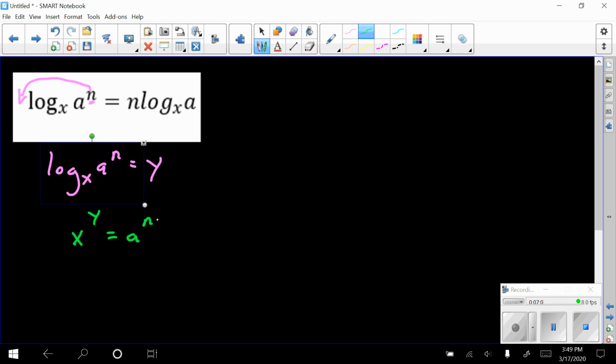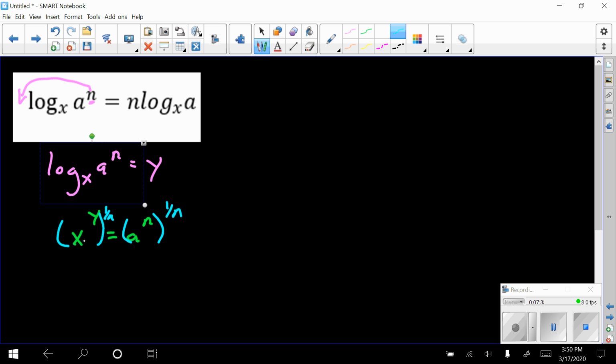Now I actually want to get a by itself. Just some manipulation. You could get x by itself if you wanted, but we're going to say let's get a by itself. And in order to get a by itself, if I want to get rid of something to the nth power, I need to take it to the nth root. Or, instead of using nth roots, let's say we take it to 1 over n, which means the exact same thing.